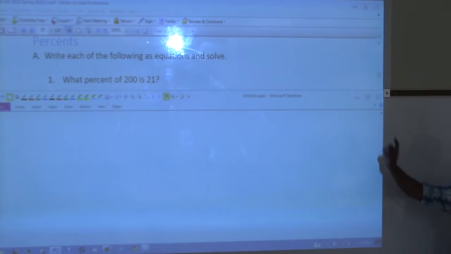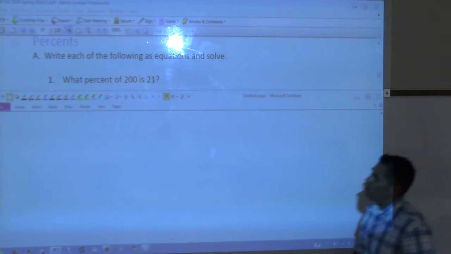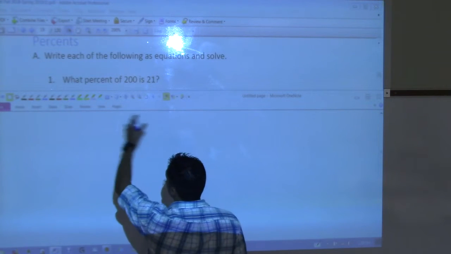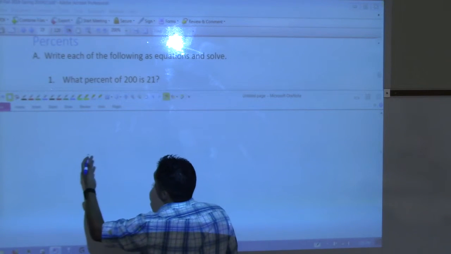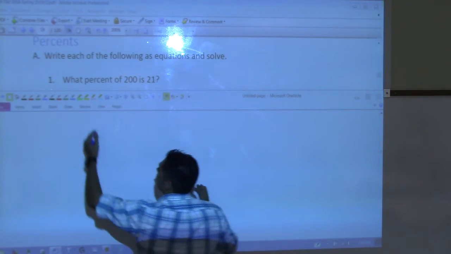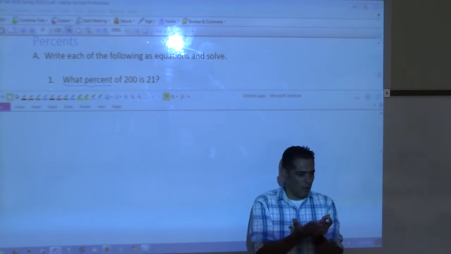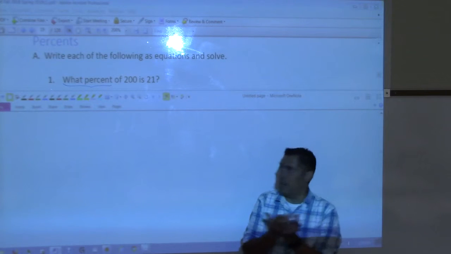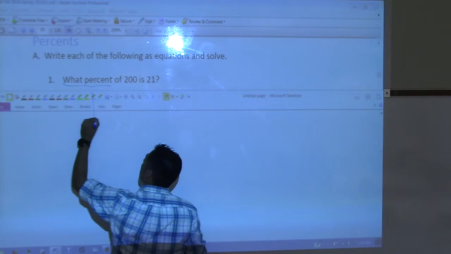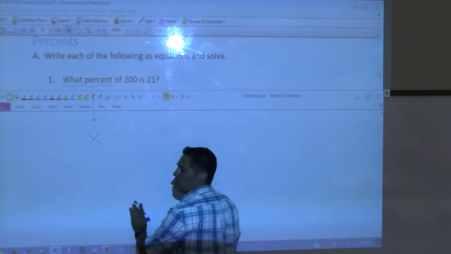We're going to turn it into a linear equation, because that's what we just finished doing, linear equations. Each word is going to indicate something for us. What percent is what we're looking for. I'm going to call that X.